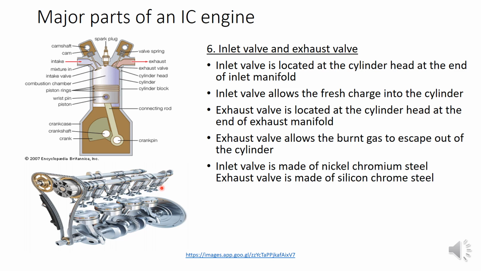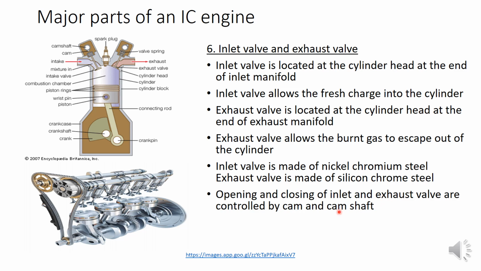So the opening and closing of valves are controlled by the cam and camshaft. Normally the inlet valve is made of nickel chromium steel and the exhaust valve is made of silicon chromium steel, so it is an alloy of steel, chromium, silicon, etc. And the opening and closing of the inlet and exhaust valves are controlled by the cam and camshaft.